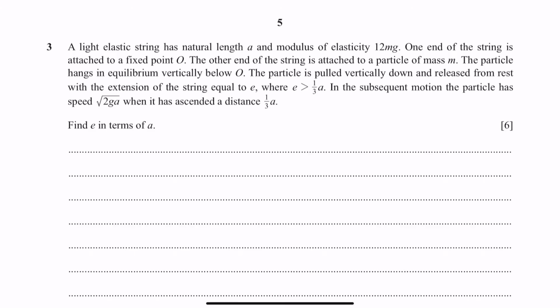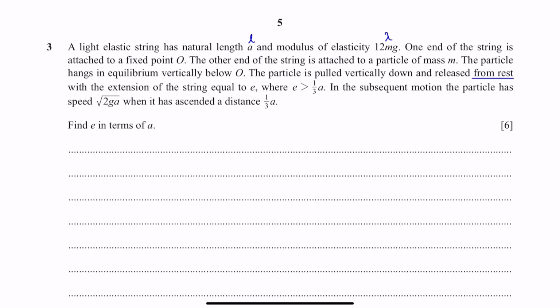Question 3. A light elastic string has natural length a and modulus of elasticity of 12 mg. One end of the string is attached to a fixed point O and the other end is attached to a particle of mass m. It hangs in equilibrium vertically below O, but after that it's pulled vertically down and released from rest.